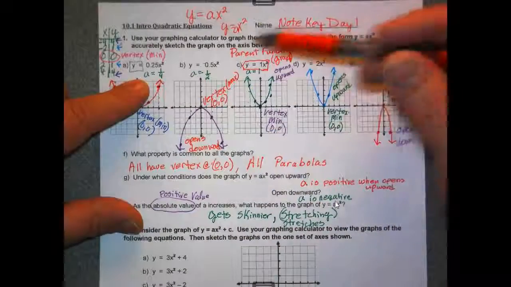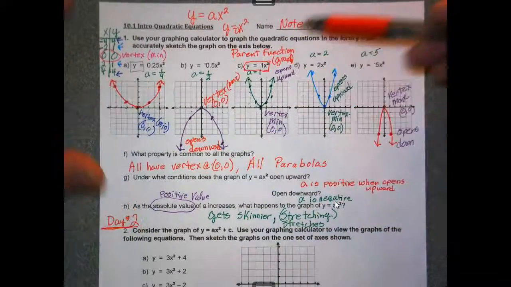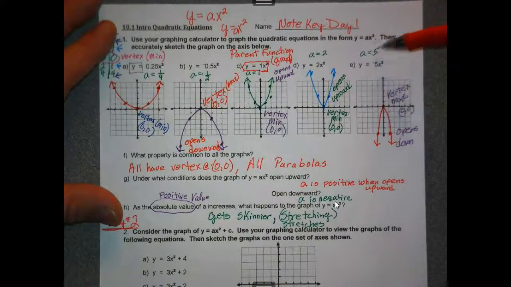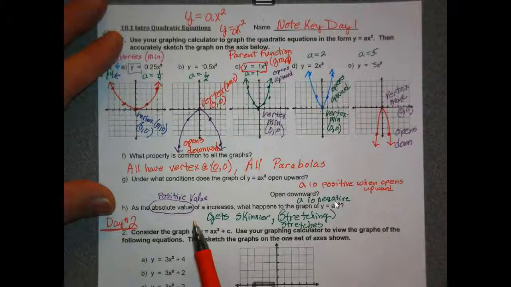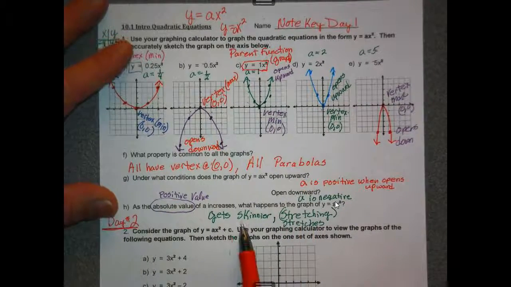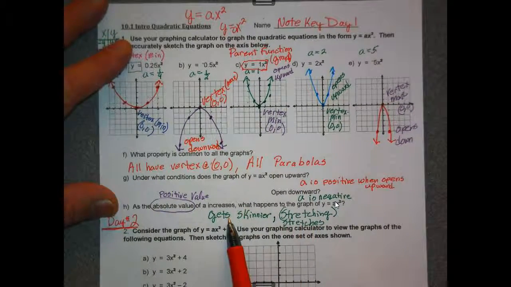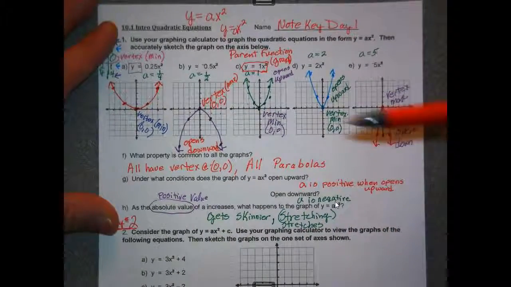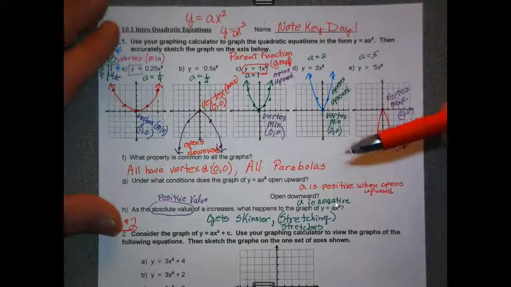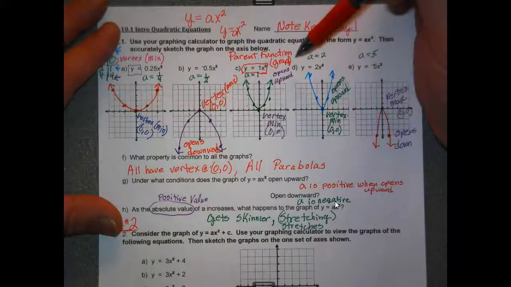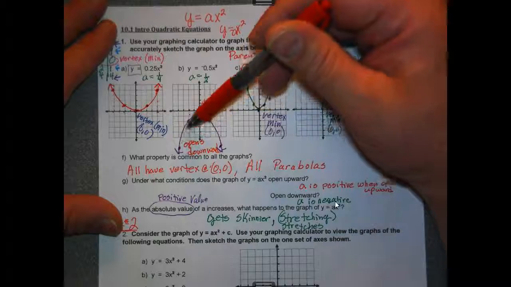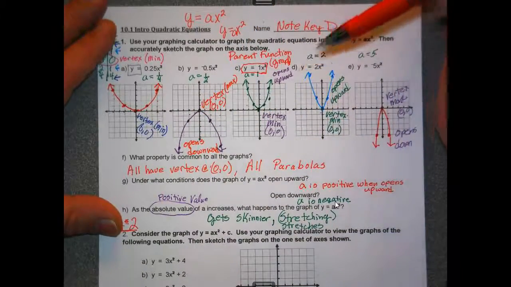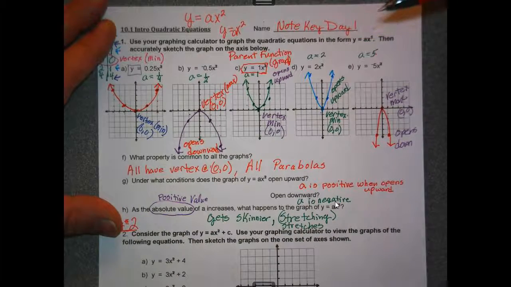Here our a is 1/4, here our a is 1/2, here our a is 1, here our a is 2 and 5. And we notice that when a gets bigger, our graph gets skinnier or it stretches. Also, we notice that when our a is negative, our parabola, U-shape, flips downward, opens downward.